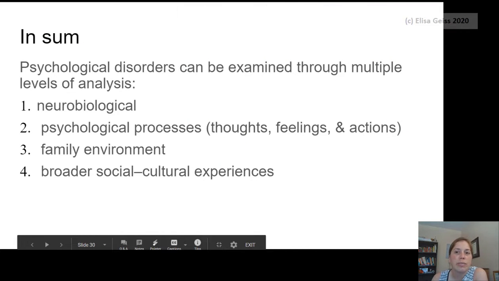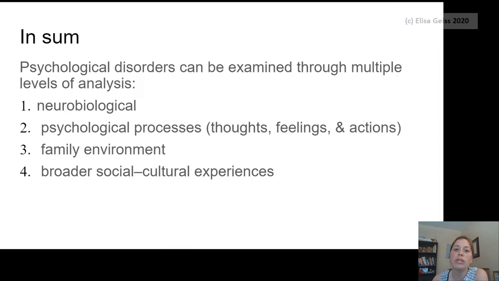To sum this up and put it all in context, there are multiple influences on whether or not a child will develop a disorder, and whether or not they will experience relief eventually. We can look at these through multiple levels of analysis.